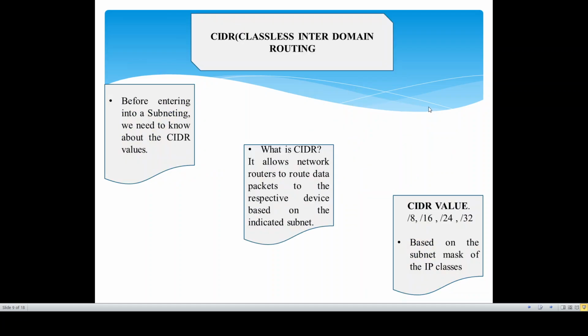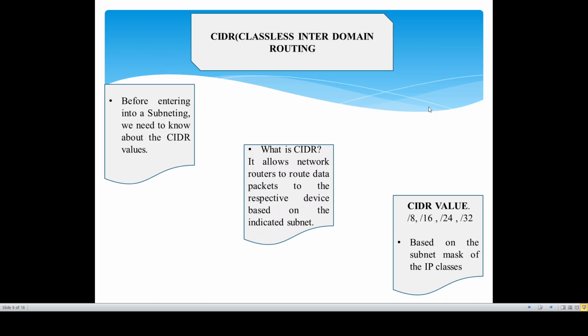Before entering into subnetting problems, we need to know CIDR. What is CIDR? It is classless inter-domain routing. Classless inter-domain routing is a main topic which helps data packets to transmit from one source to another destination based on the subnetworks.